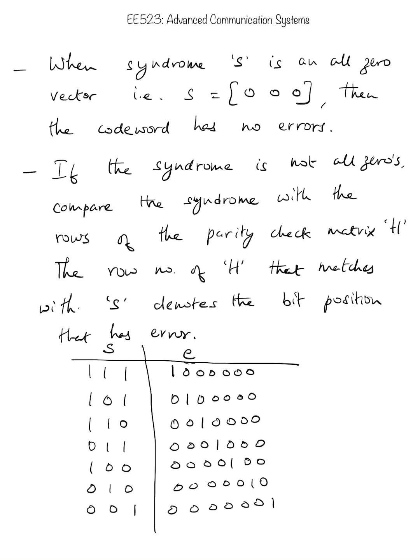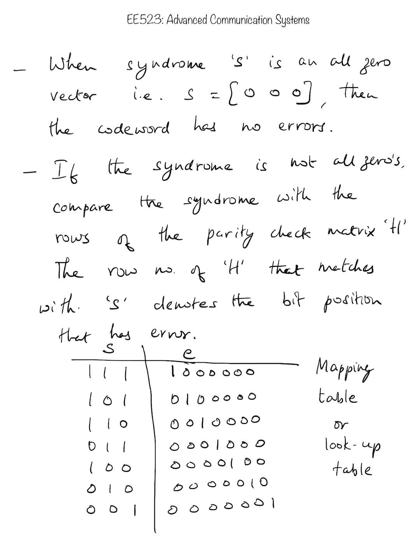So this table that we have, which maps the syndrome to the error vectors, is called the mapping table, or a lookup table between the syndrome and the error vector.